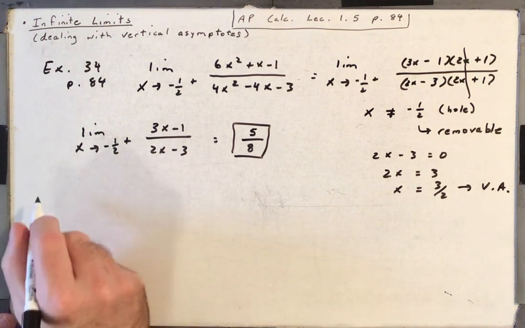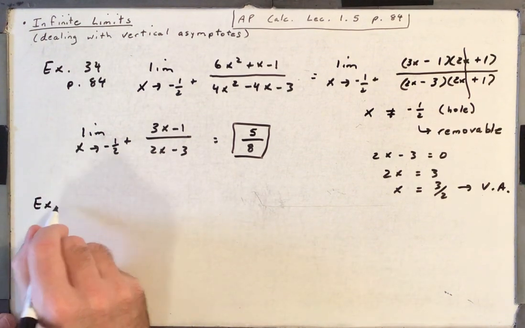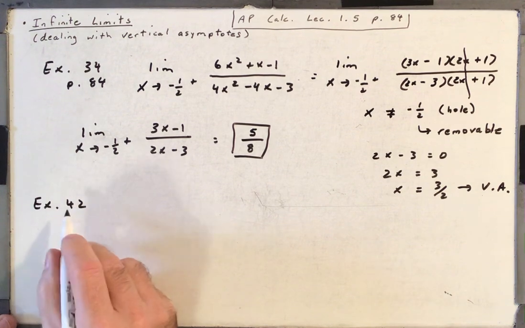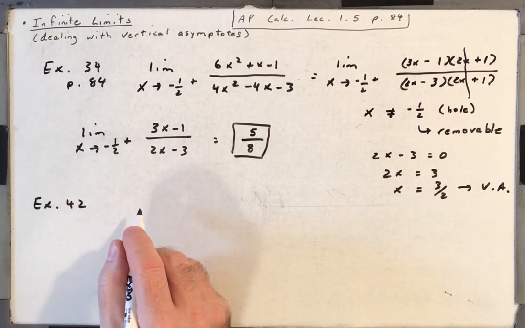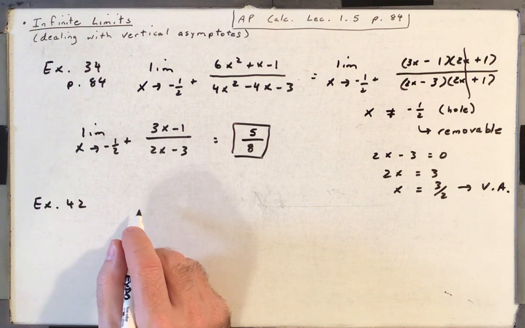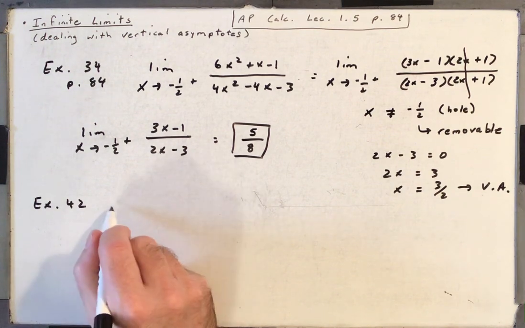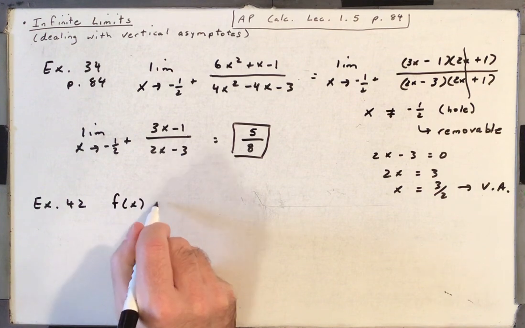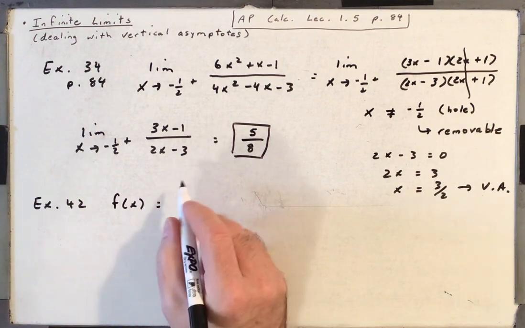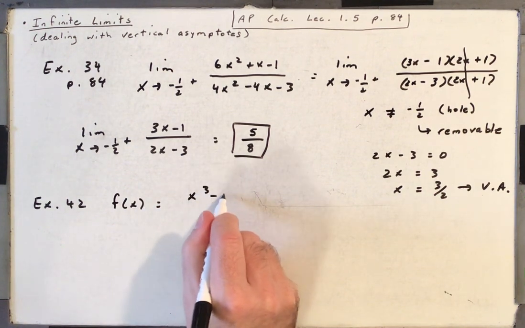Okay, and the last example of the day, be 42, and we just want to find the limit. So we have f of x is equal to x cubed minus 1.